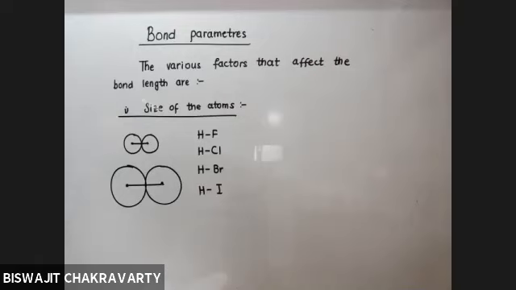Who is the largest halogen out of all four: fluorine, chlorine, bromine, or iodine? Iodine. As we move down the group, the atomic size increases. So who will have the largest bond length, HCl or HI? HI.